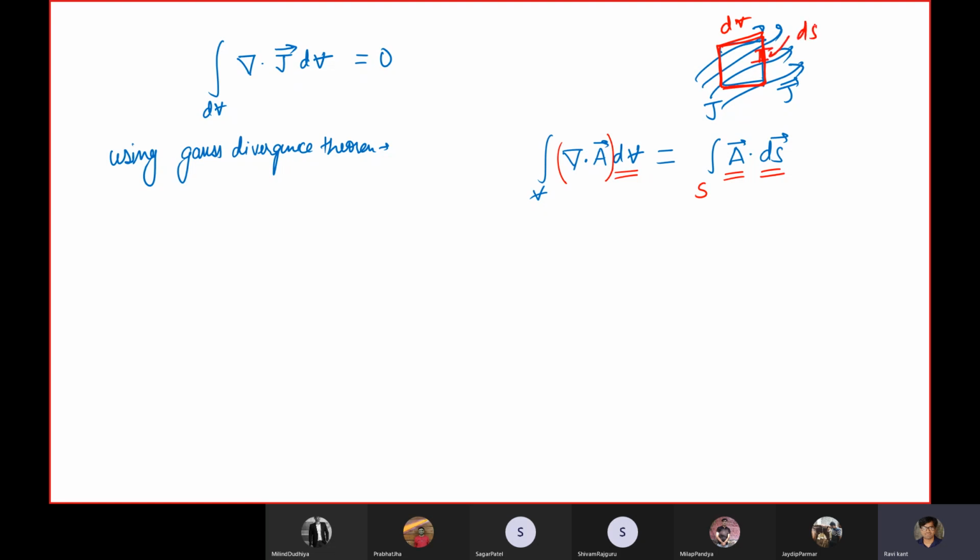In a more generic sense, A dot ds can also be written with a unit normal vector: A dotted with the unit vector times the scalar ds quantity, integrated through the whole surface area. So now your volume integral is being converted to your surface integral.